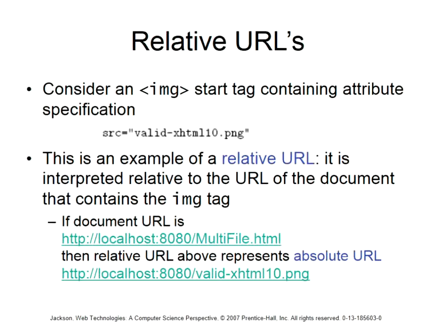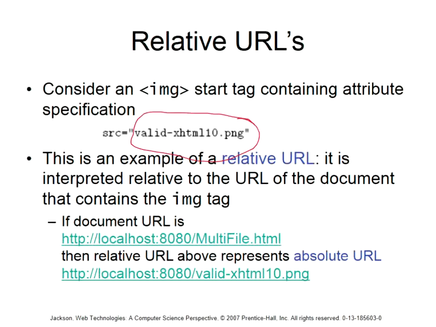So when we specify the link or the source of an image, we can use a relative URL. So what is the meaning of relative URL? For example, if we have the tag image, and in this tag we specify src equal this image, valid xhtml 10.png.